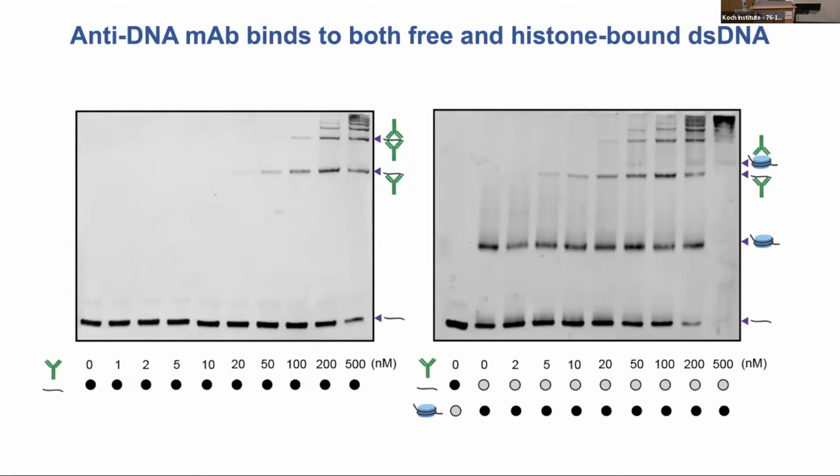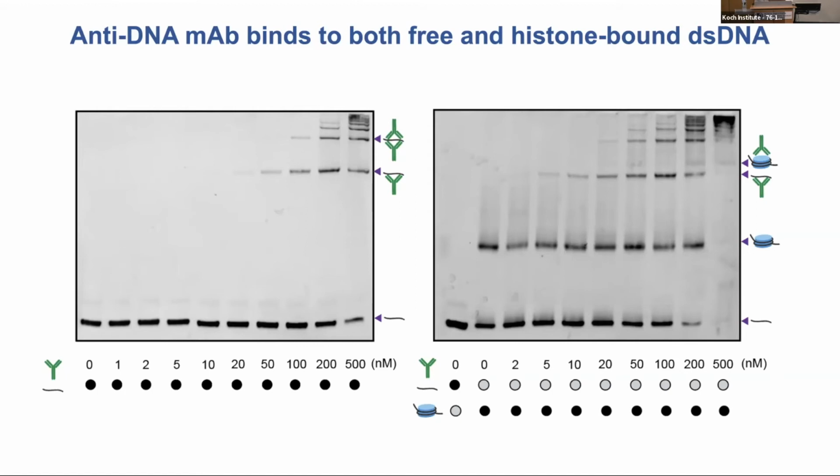We again saw the same bands corresponding to free DNA binding to the antibody, but we also saw some faint bands in between, which we hypothesized corresponded to the antibody interacting with the intact mononucleosome. And we confirmed this on a Western blot of the same gel for histone H3. So this together established that this antibody can indeed interact with and bind to the components of cell-free DNA, free DNA and nucleosome-bound DNA, at least in vitro.